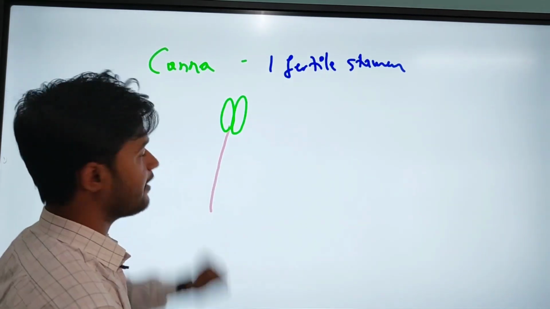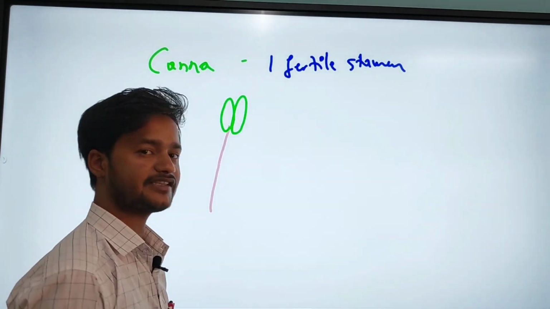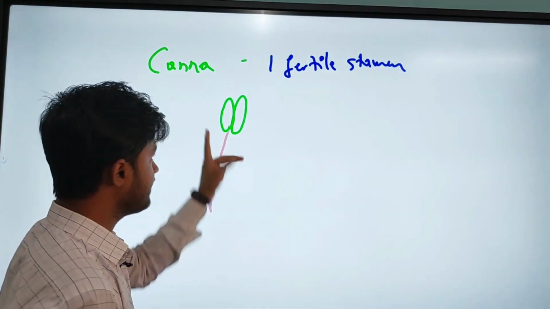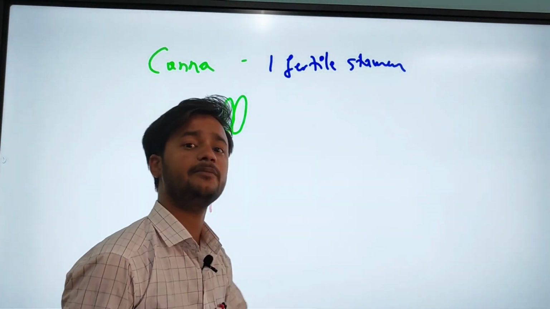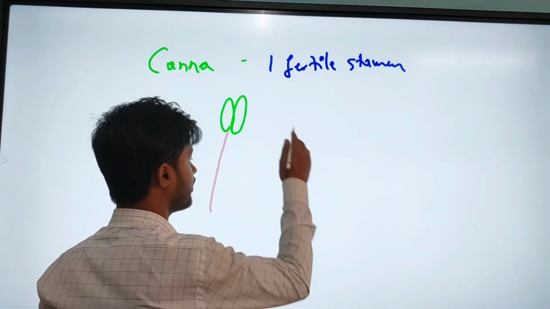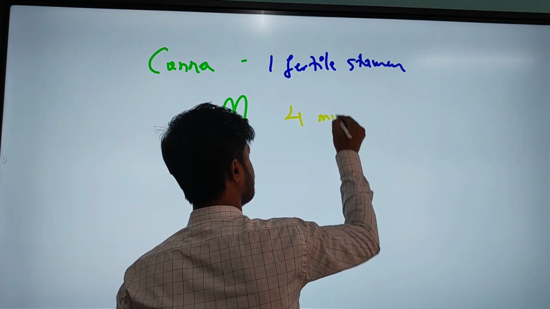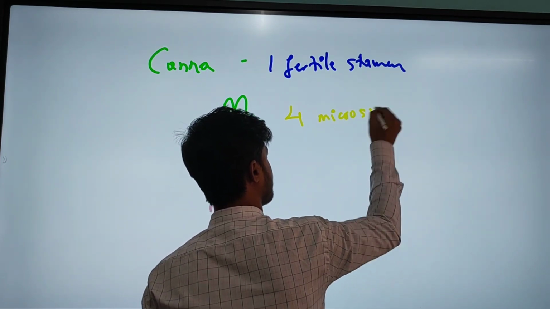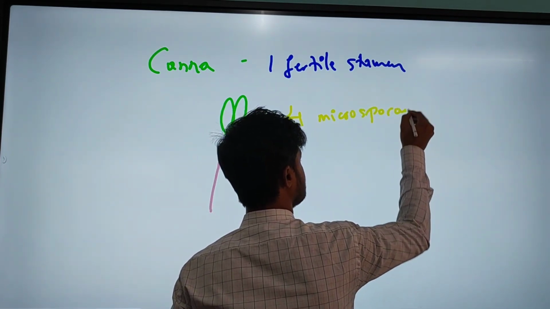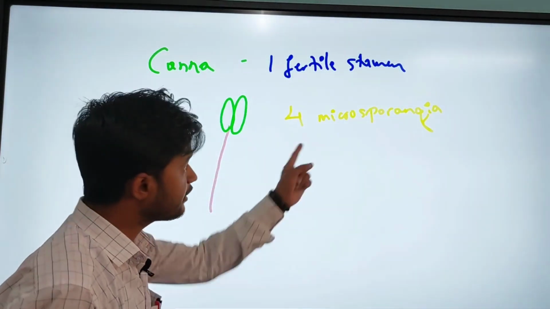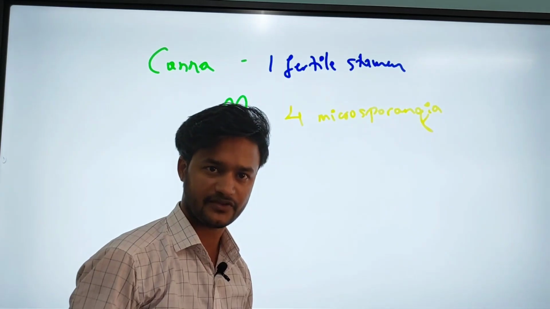In the Canna plant, only one stamen is present in the flower, right? So consider that the anther contains how many microsporangia? 4 microsporangia. Microsporangia is the plural form; microsporangium is the singular form, right?